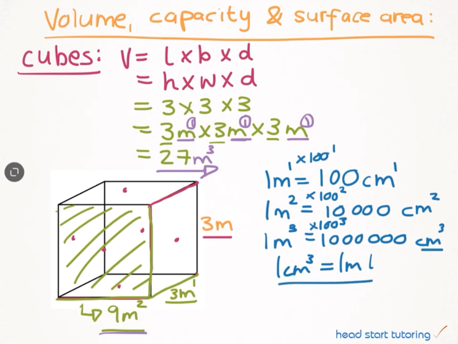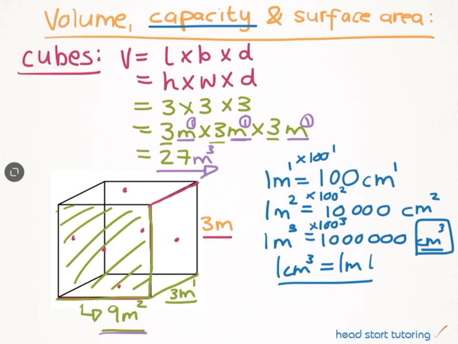That conversion is very important to know because it helps us convert our meters cubed or centimeters cubed into milliliters, which is what we measure our capacity in. So milliliters or liters. When we have our measurement in centimeters cubed, we can just replace that with milliliters.